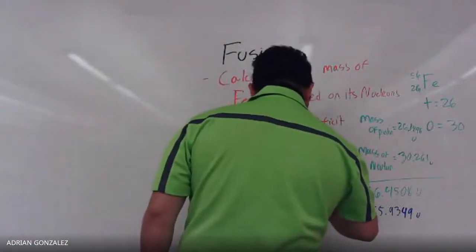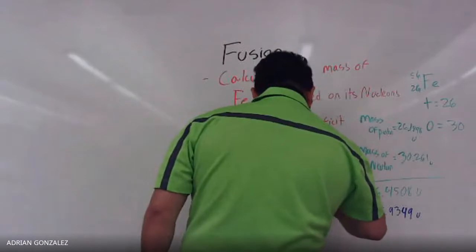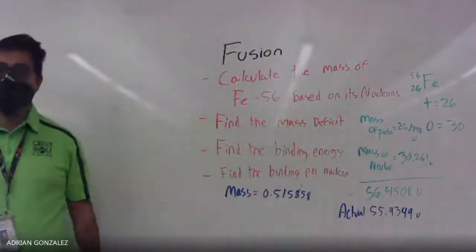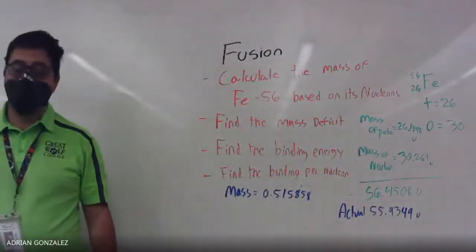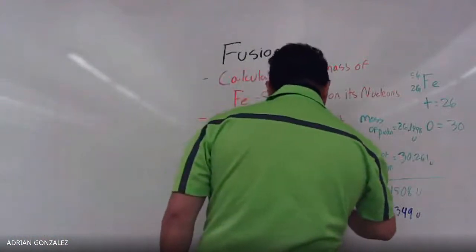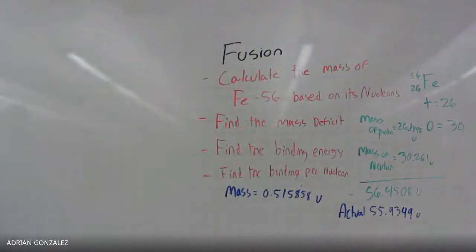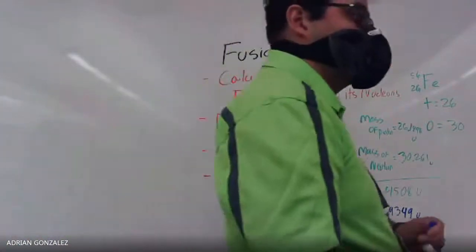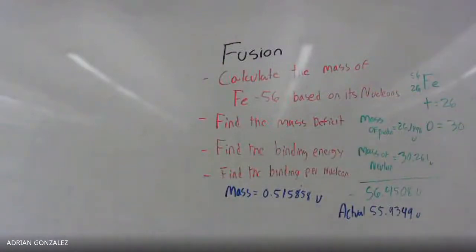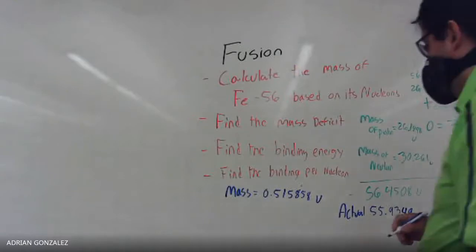Does everybody agree? Yes? That's your mass deficit. Now you need to find the binding energy. How do you find the binding energy? Multiply that by 931.